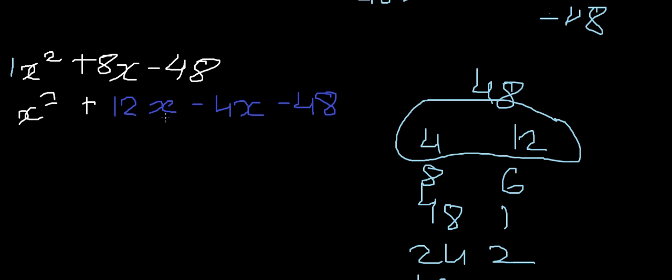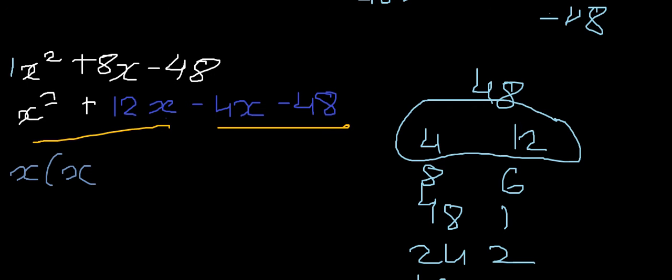Now we can take out a common factor from these two terms, and then another common factor from these two. So here I can take out x as common. So I get x times (x plus 12), which is nothing but x squared and 12x, minus 4.